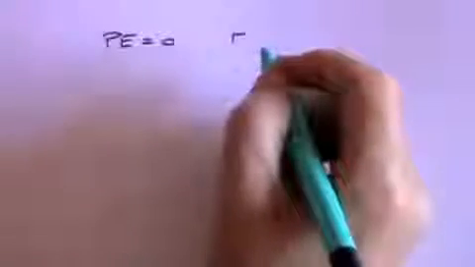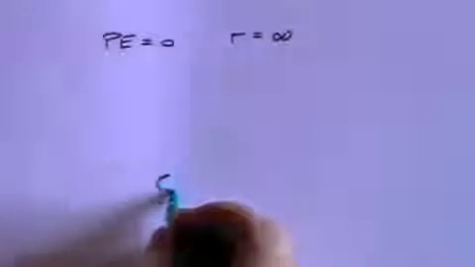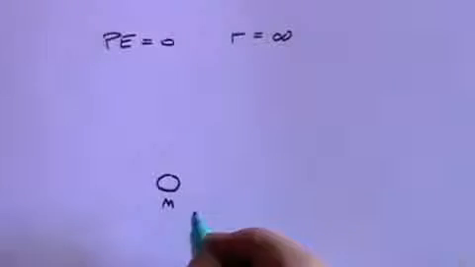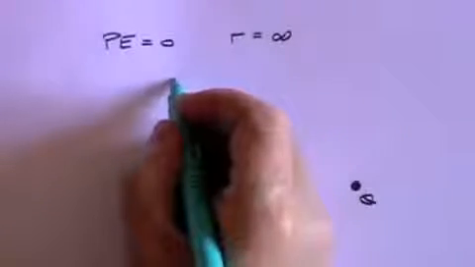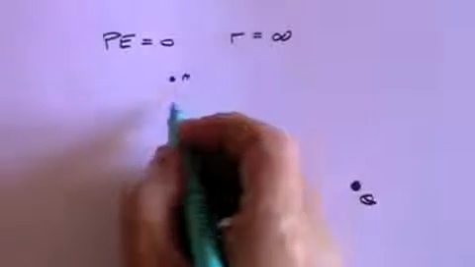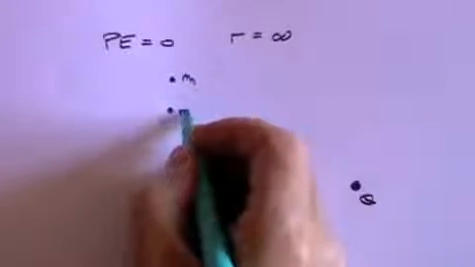For both gravitational fields and electric fields, the potential energy is zero when the distance from the object or charge is infinity. And if you have, let's say, a mass of the Earth here, and on this side we're going to have a charge Q, and you have a test mass M, which you move from here to here.